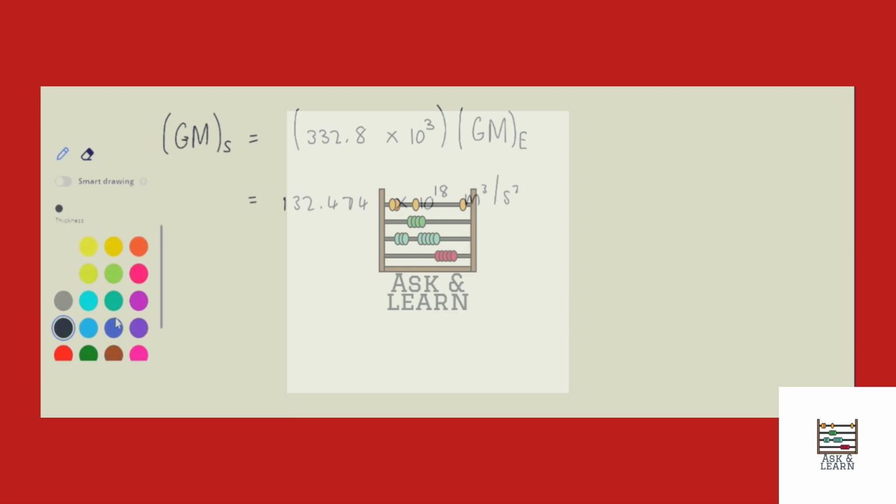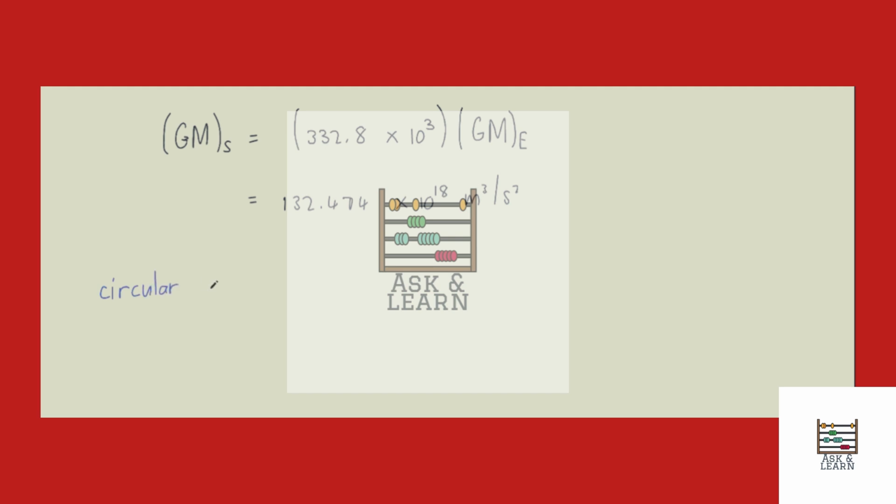Now, the first thing we'll do is look at the circular orbit of Earth. And this is the circular orbit of Earth about the Sun.